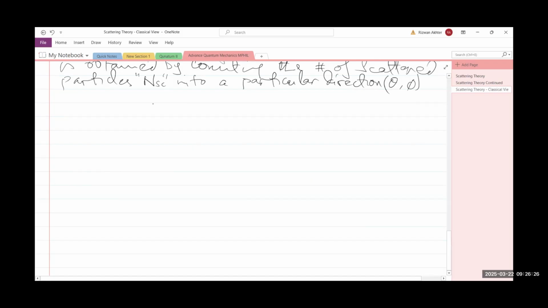So we have n scattered times delta omega, which is in fact your differential solid angle, which equals sigma times delta omega into n incident. So यहाँ पर sigma delta omega is some area of the target which scattered particles into some solid angle delta omega.